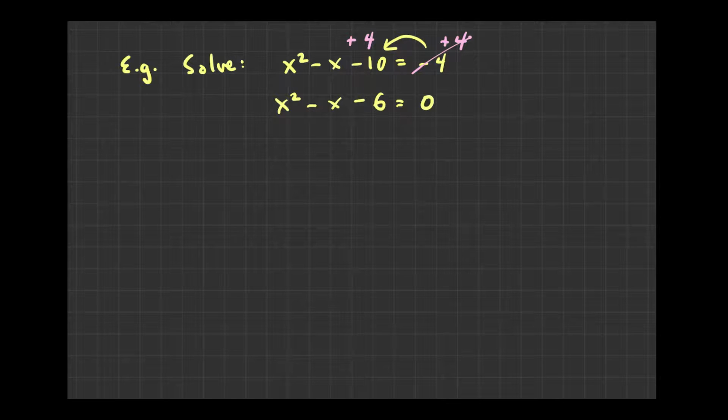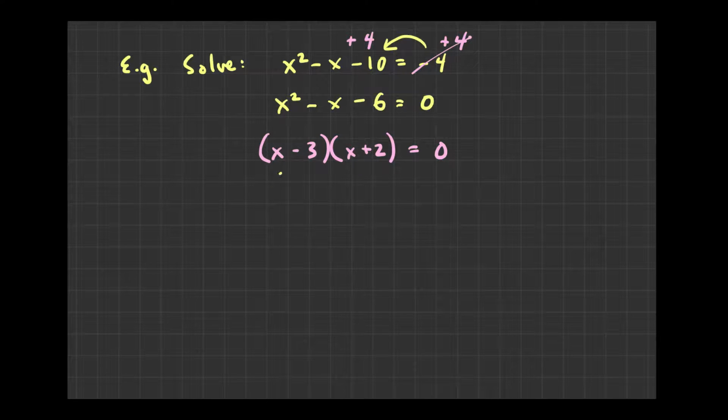Any thoughts on this one? What are the numbers we're looking for? Great, negative 3 and 2. So I've got x minus 3 and x plus 2.